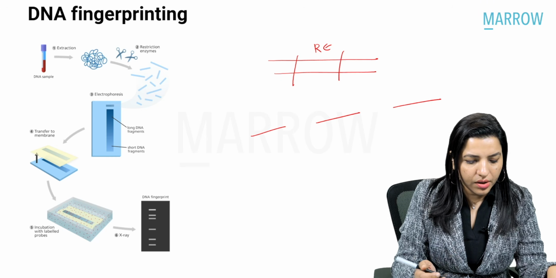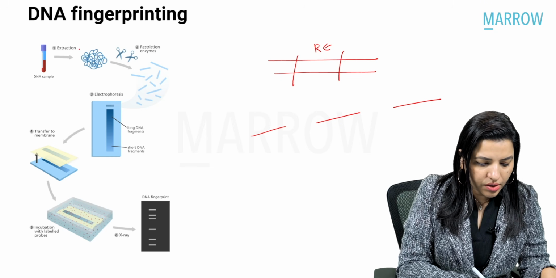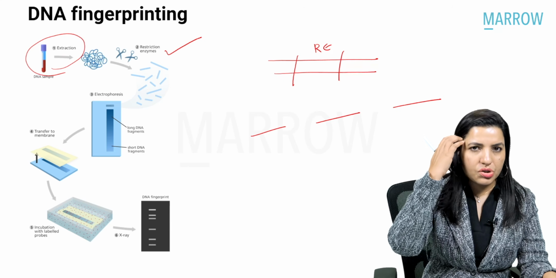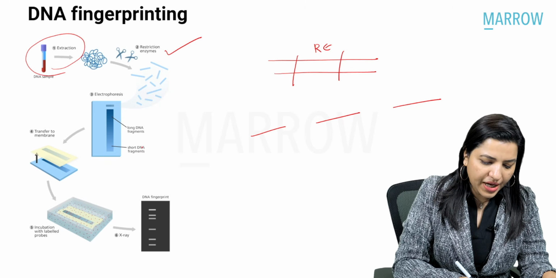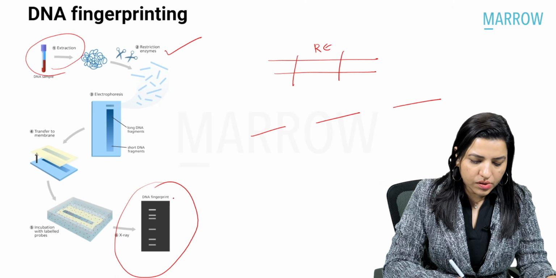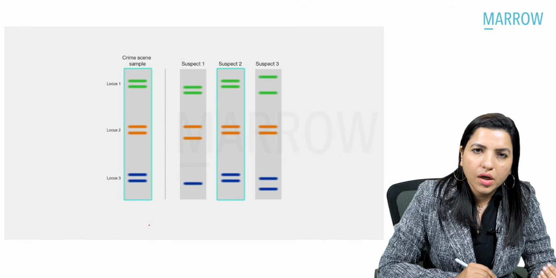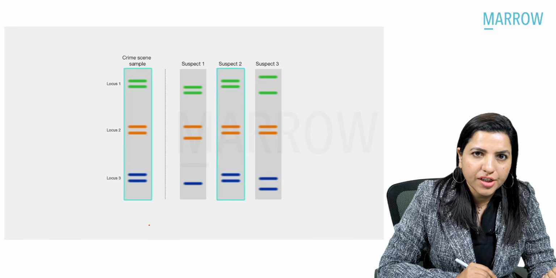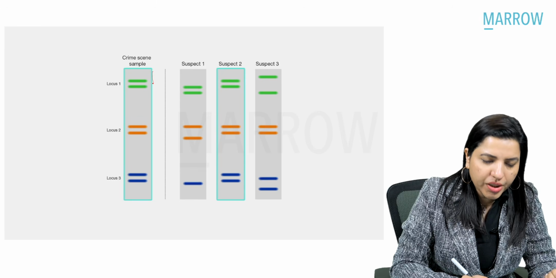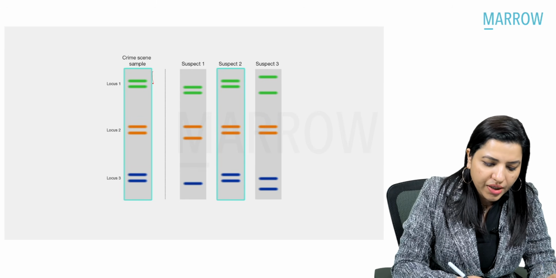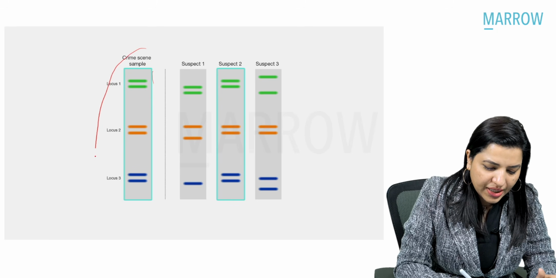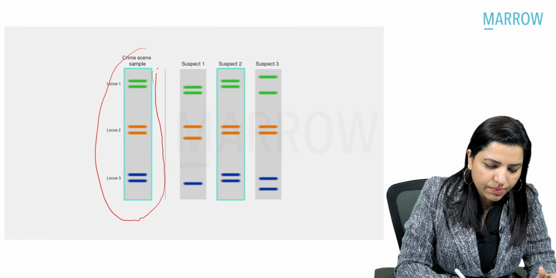For example, what is shown here is that the DNA is extracted and treated with the restriction enzyme. It will produce some bands, and that is studied using DNA electrophoresis. So this is called a DNA fingerprint. How are we going to apply this DNA fingerprint? We can see here the DNA fingerprint obtained from the scene of crime, which produces certain unique bands.